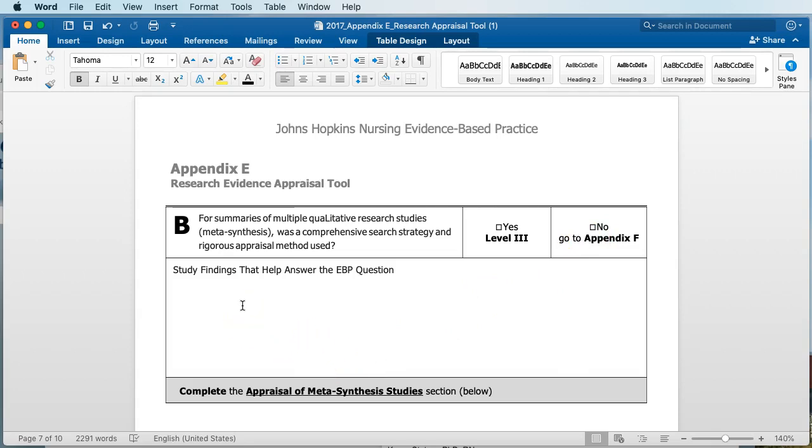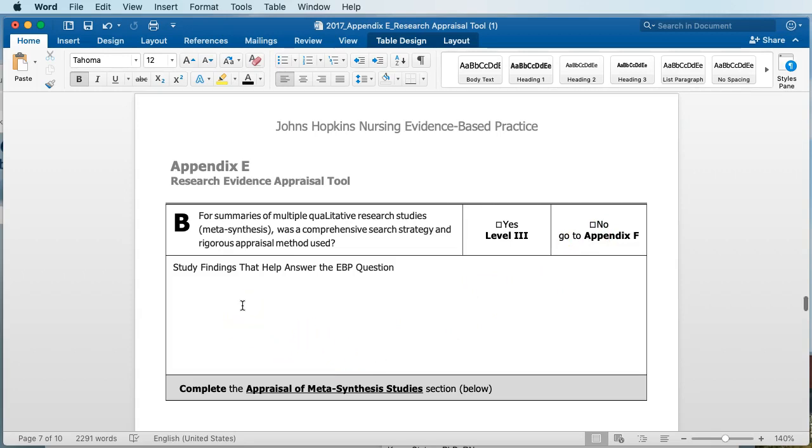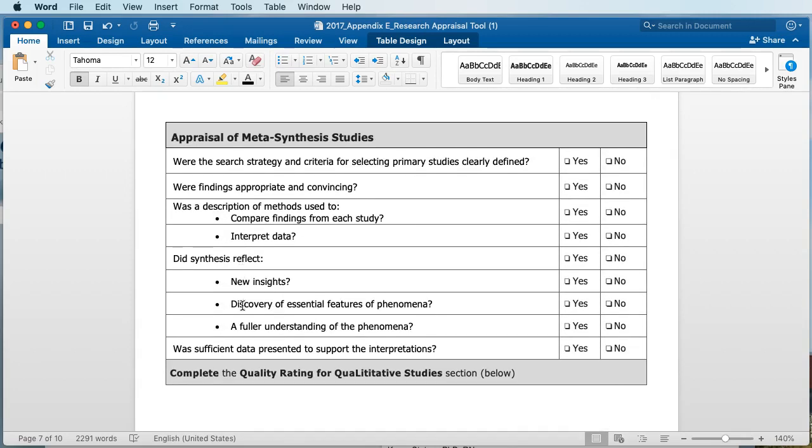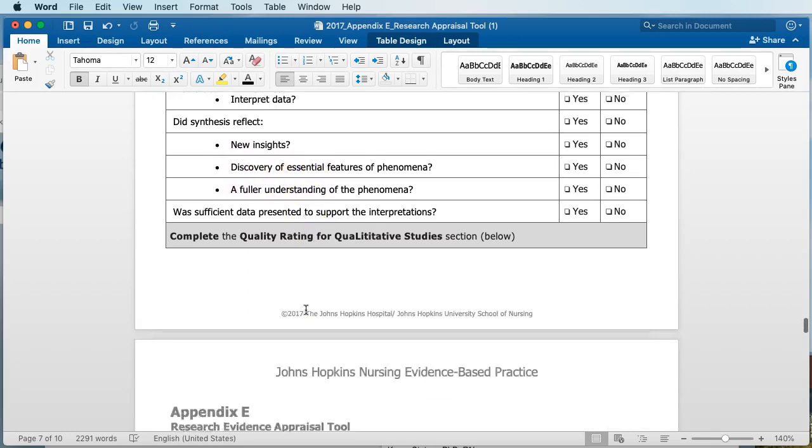Let's presume that it was a summary of multiple qualitative studies, then we have to appraise it. Same thing: did we understand the search strategy? Were the findings convincing? Did they compare findings from each study? Did they develop any new insights or discovery? And was there sufficient information provided for you to support the interpretation?